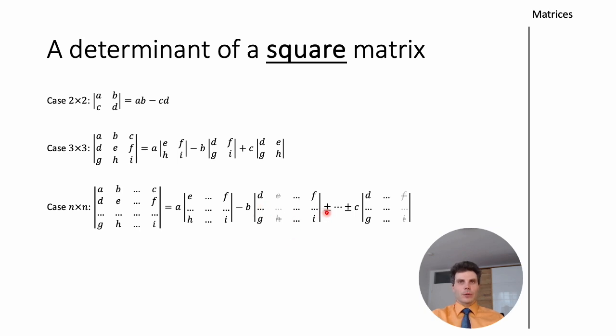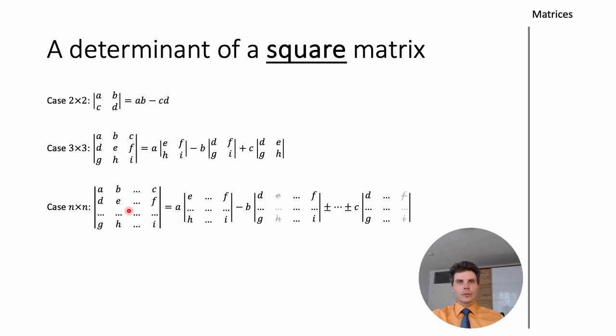Then we put the sign plus, choose the third element of the first row and associate a matrix to it, and then we flip the signs as many times as we have summands here, plus, minus, until eventually we hit the number c. We associate the matrix to it, which is located in the bottom left corner of the original matrix, and we close the definition on this.